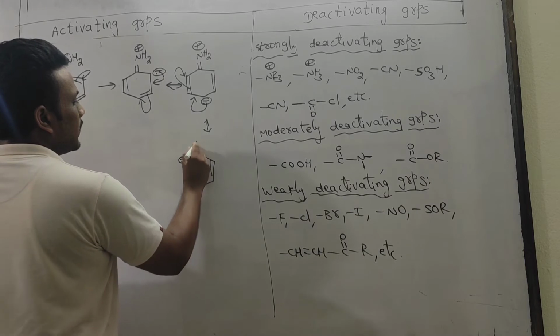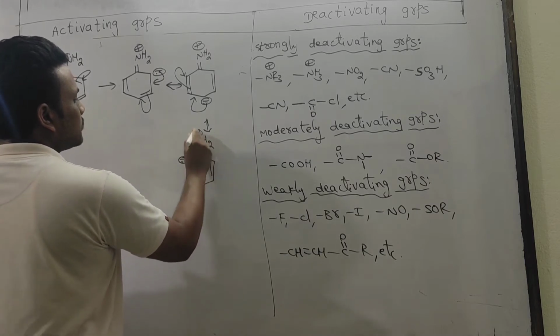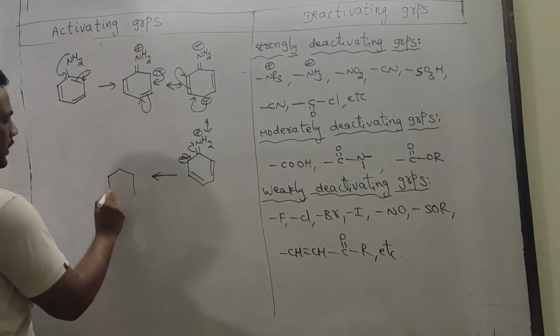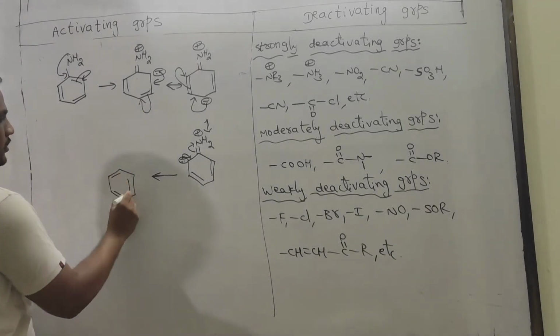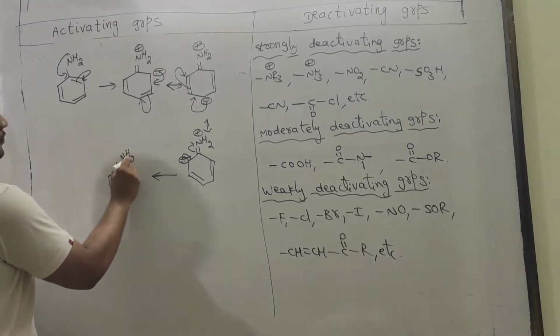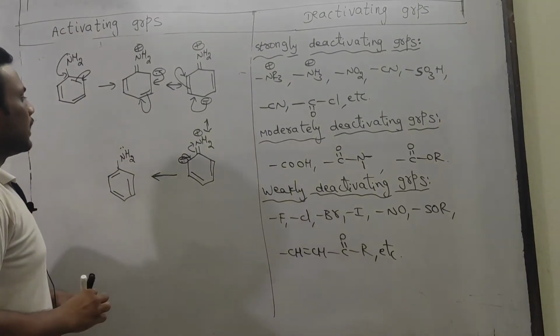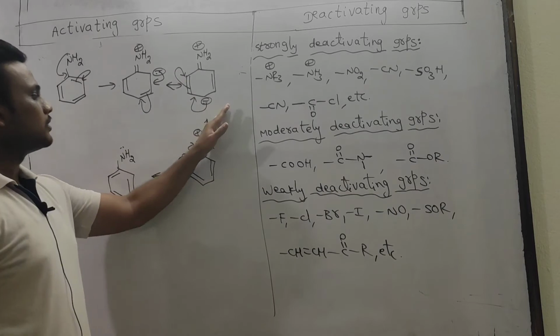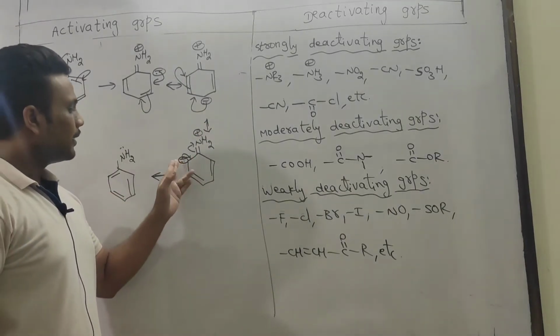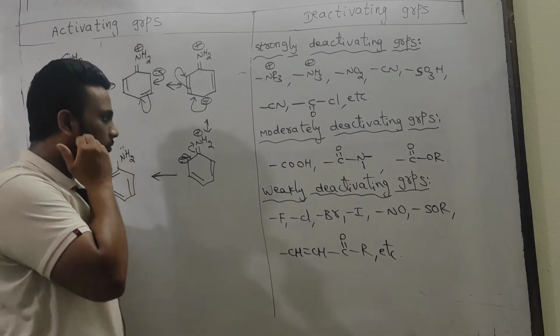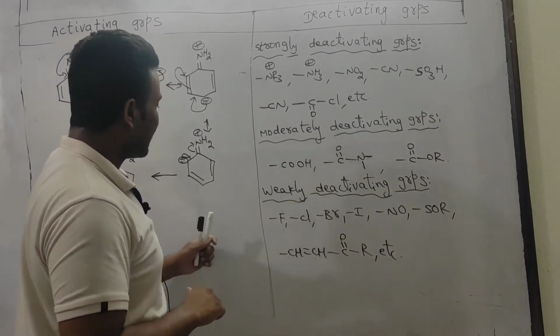You see, negative charge is developed at ortho and para positions. So at ortho and para positions electron density is more, so they can attack the electrophile easily, because the electrophile is electron deficient.